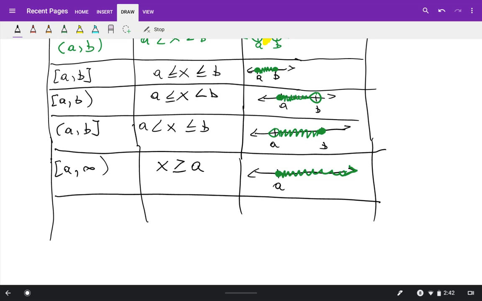Next one will be the interval from a in parentheses to infinity. This is just x greater than a. To graph it, you put a on the number line. You keep an open circle because we're not including a, and we shade everything to the right. As you see, the inequality matches the direction on the number line which we need to shade.